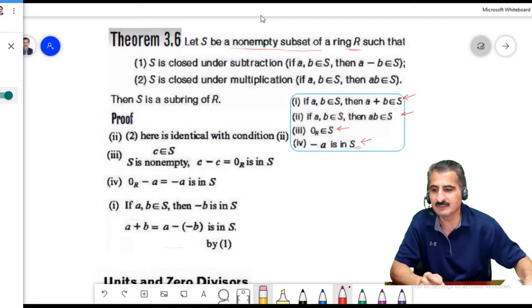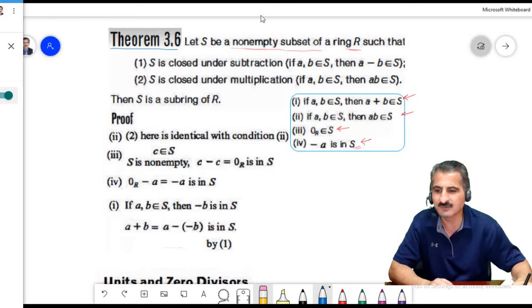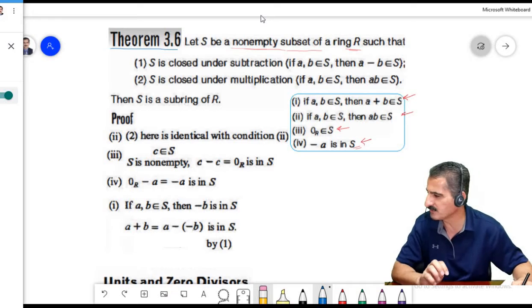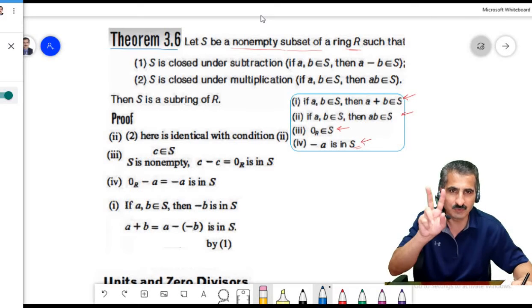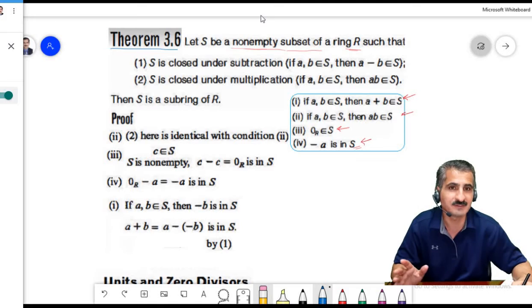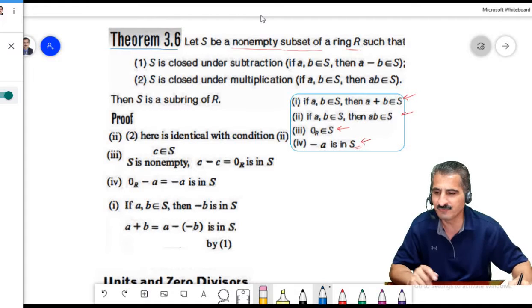Now, what does this theorem tell us here? It says we can summarize these 4 axioms with only 2. So when you are asked to show that a given subset is a subring, you just need to prove these 2 conditions here, 1 and 2.